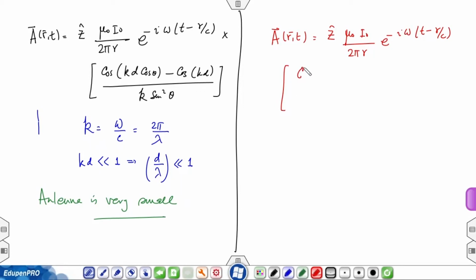So, I will keep terms up to second order. So, it will become 1 minus k square d square by 2 cosine square theta minus 1 plus k square d square over 2, divided by sine square theta.